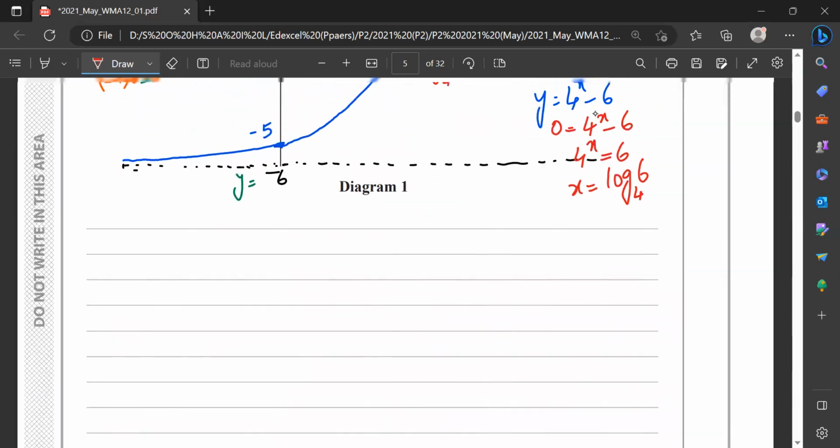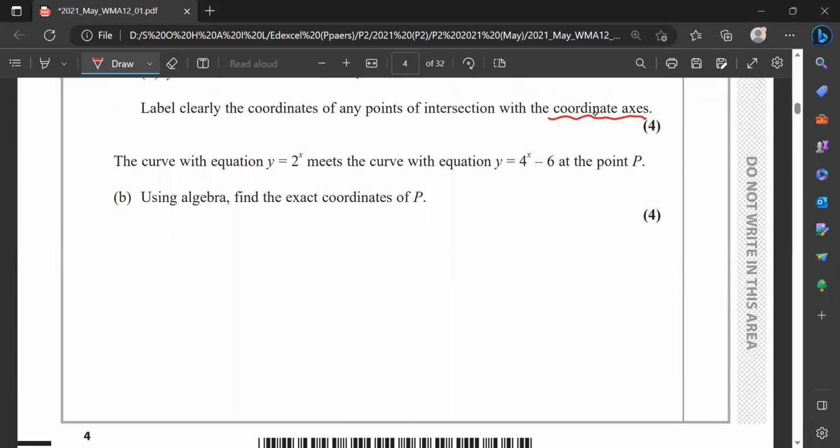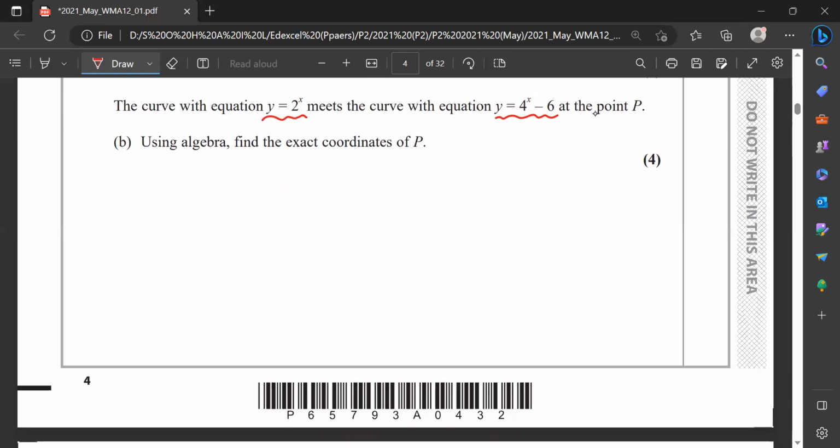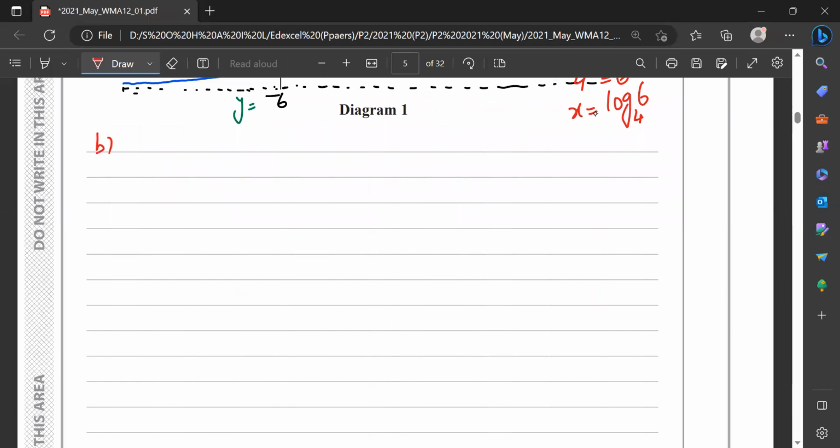Second part, the B part: the graph of y equals 2 power x meets the curve y equals 4 power x minus 6 at point P. Use algebra to find the exact coordinates of P. So y equals 2 power x and y equals 4 power x minus 6.